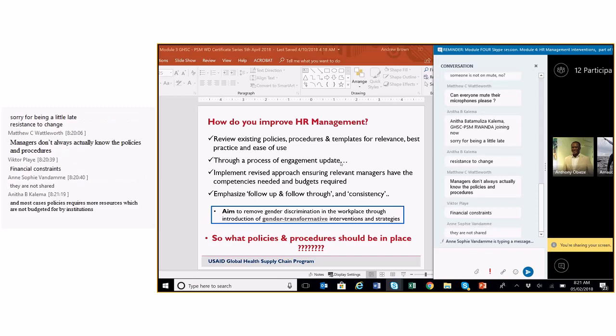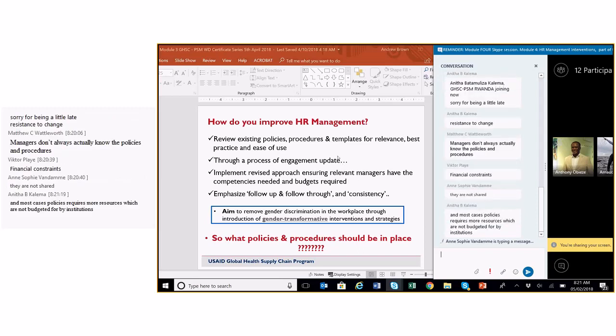By engagement, I found when I work with managers and staff in an organisation to update systems and procedures, it's much more well accepted. We've mentioned change management as one of the resistances. And by engaging people in understanding the policies and procedures and why they are a benefit for individuals as well as for the overall organisation is also very helpful.